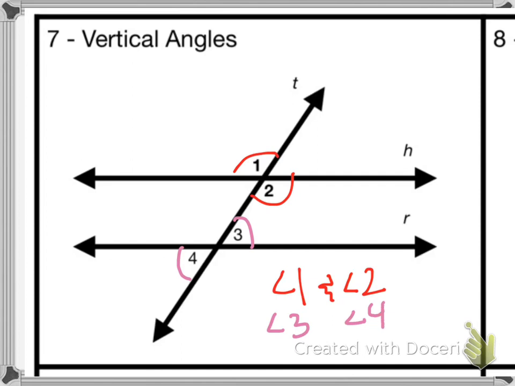And so yesterday we learned that vertical angles are also congruent, and so here we can say that angle 1 is going to be equal to angle 2, and angle 3 is also going to be equal to angle 4. And likewise, you're going to have a lot more angles that are vertical. So here, the yellows would be vertical to each other. These blues would also be vertical to each other.